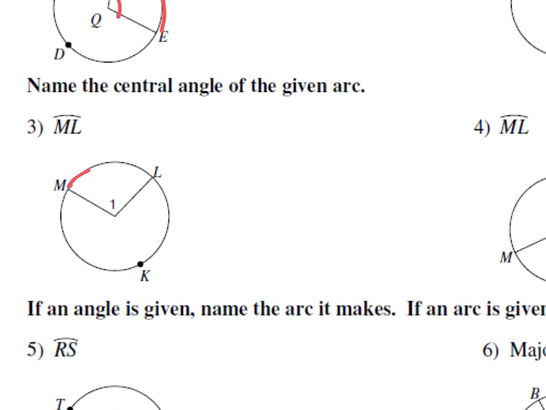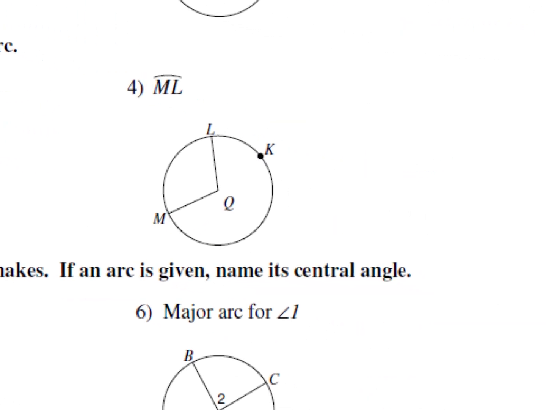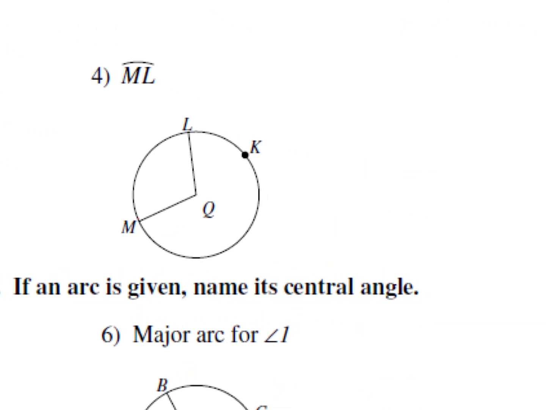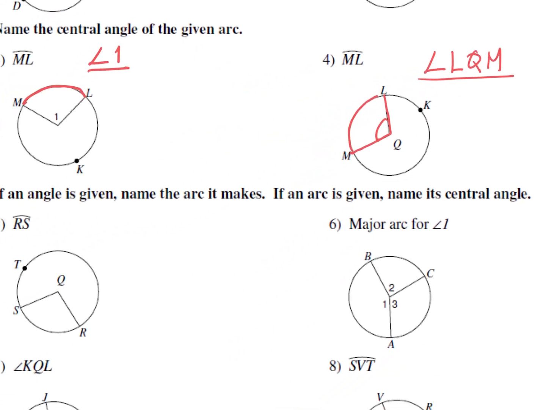Next, name the central angle of the given arc. So the arc is arc ML, the central angle is angle 1. Okay, here number 4. So this arc ML, the angle that has been created is this one. Okay, and that's going to be angle LQM.